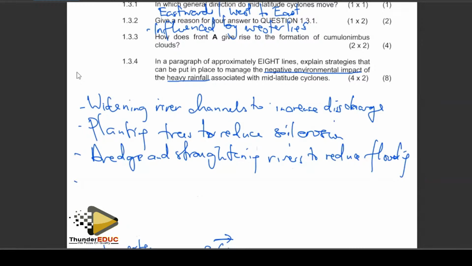And also we should remove material from the rivers so that the rivers flow effectively in case we have heavy rainfall, which is coming from the mid-latitude cyclone. And also we can talk of temporary measures like sandbags to prevent flooding.